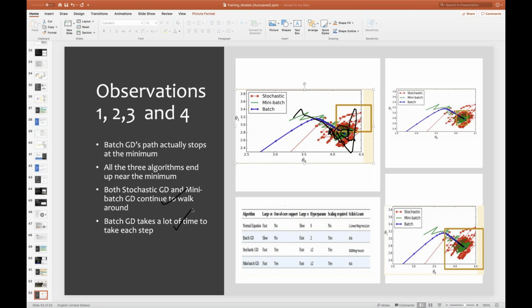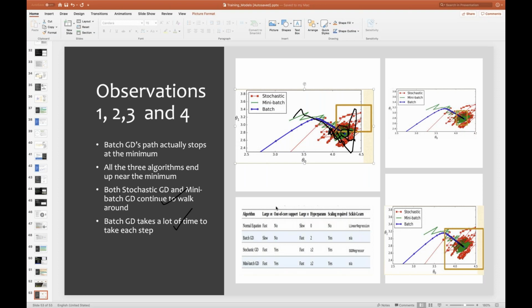But stochastic gradient descent and mini batch gradient descent walk up and down because they want to check the results of different attribute combinations. Now, batch GD takes a long time at each step. This is also very important.